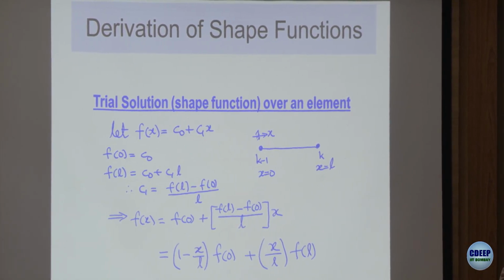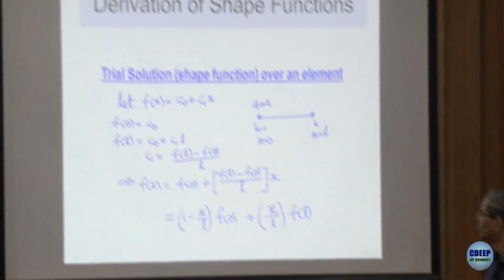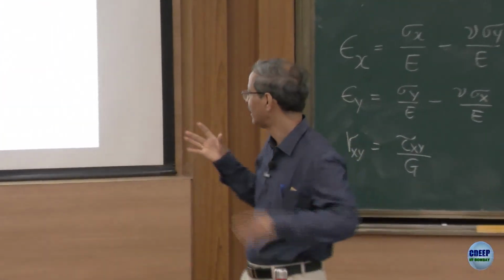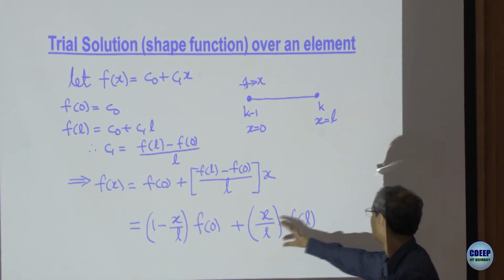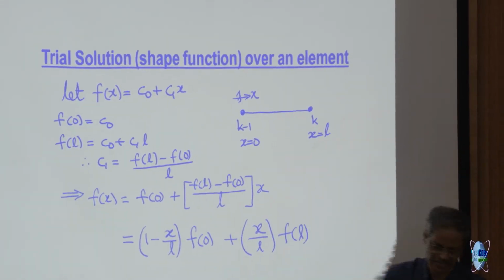When x is equal to small l, it has to become F2. That gave me two conditions and I found C0 and C1. I substituted it back, rearranged the terms, so I could get something multiplied with Fi and something multiplied with Fj. This is how I derived it.